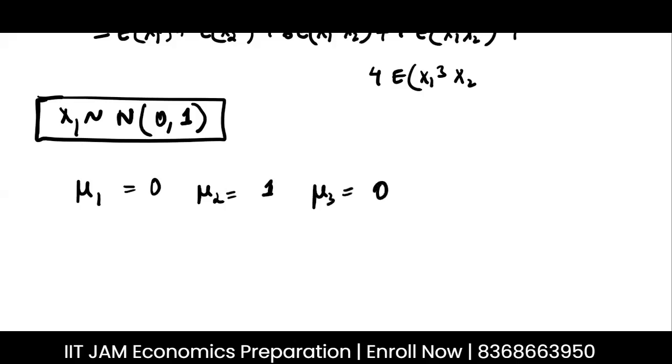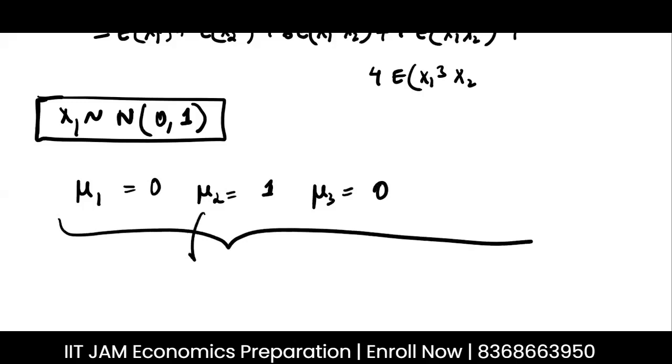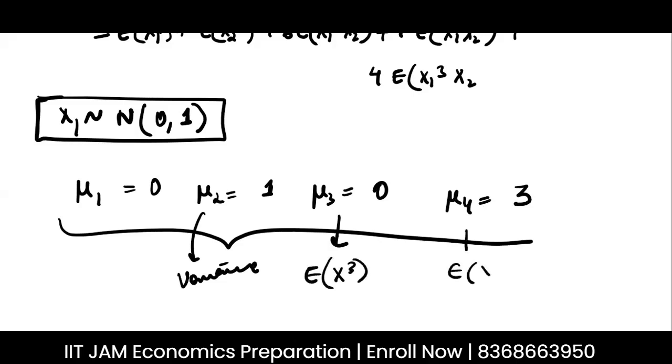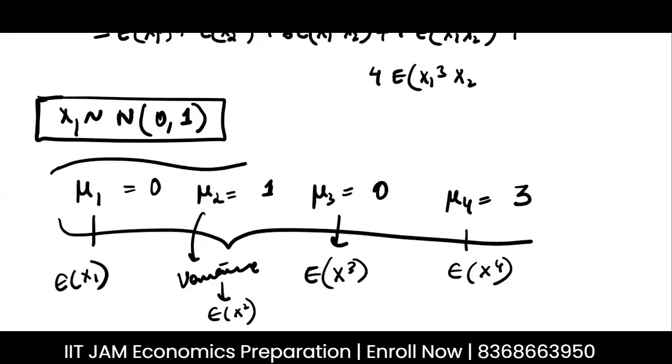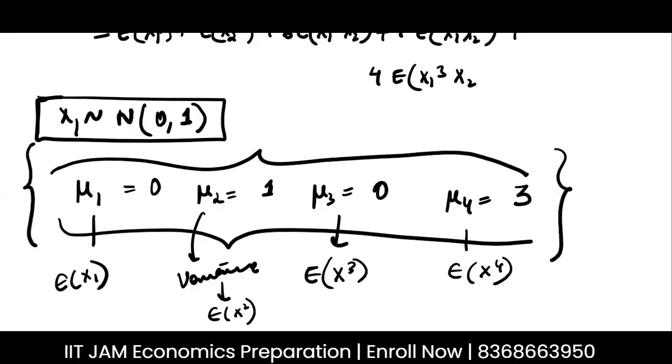By these I mean that these are all moments around mean. The second moment around mean is nothing but variance. These are nothing but expected value of x cubed, expected value of x to the power 4, expected value of x squared, and expected value of x1. These are the properties of any variable which is standard normally distributed.